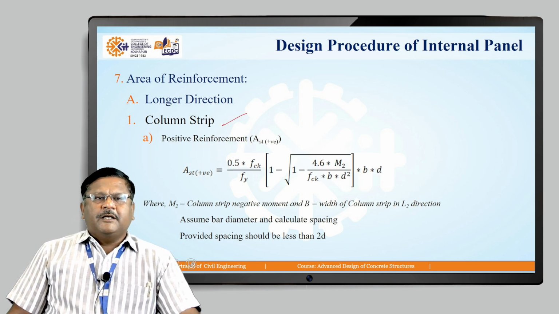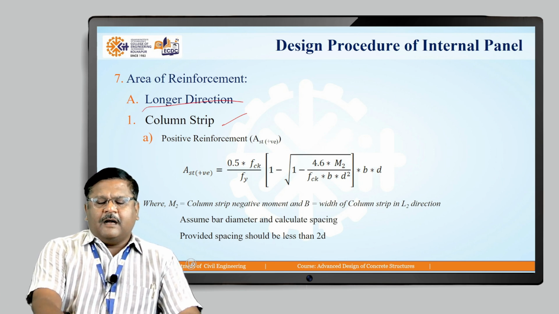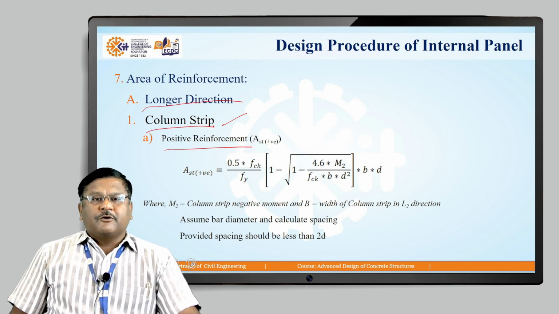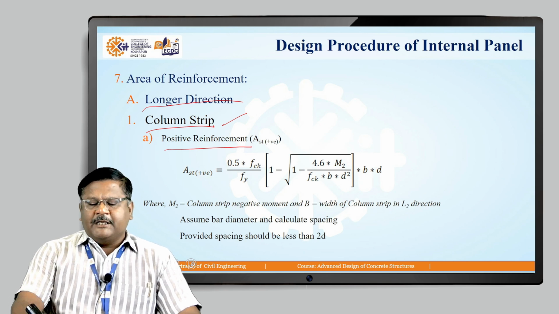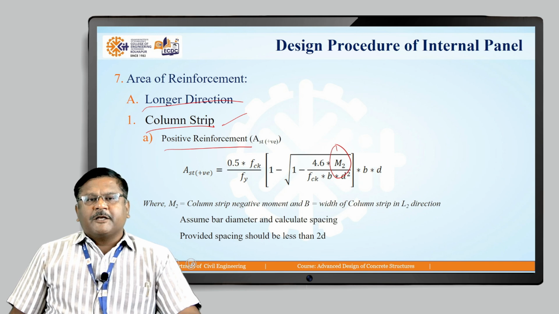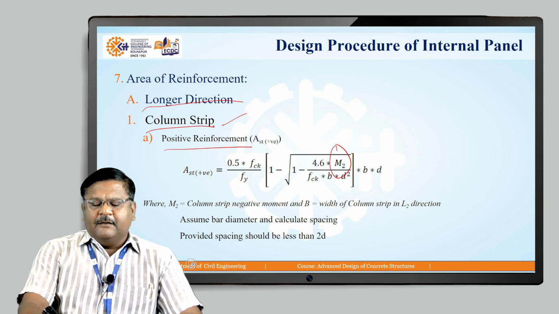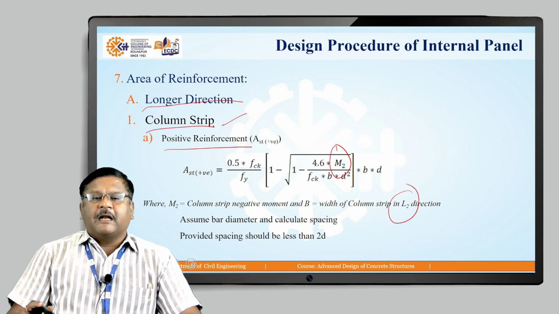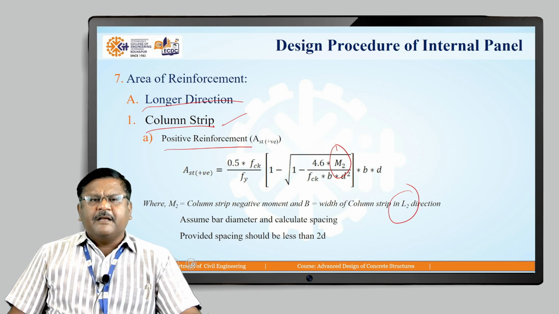Second, longer direction again column strip, but here the steel is positive reinforcement. The change is only M2, that is the column strip positive moment, and the width is in the other direction. Same thing, assume the bar diameter and calculate the spacing.